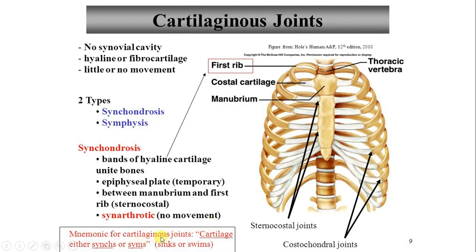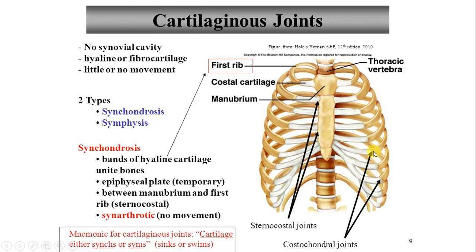There's a mnemonic for the cartilaginous joint: cartilages either sink or swim. It's not a synovial joint. So here is the example: the joint between the rib and the costal cartilage is a synarthrosis.